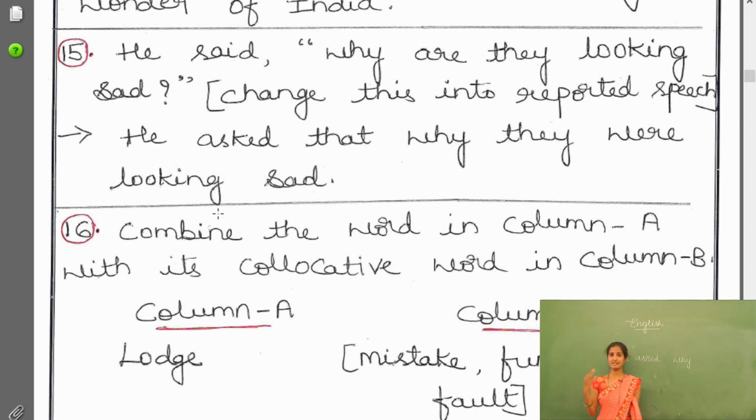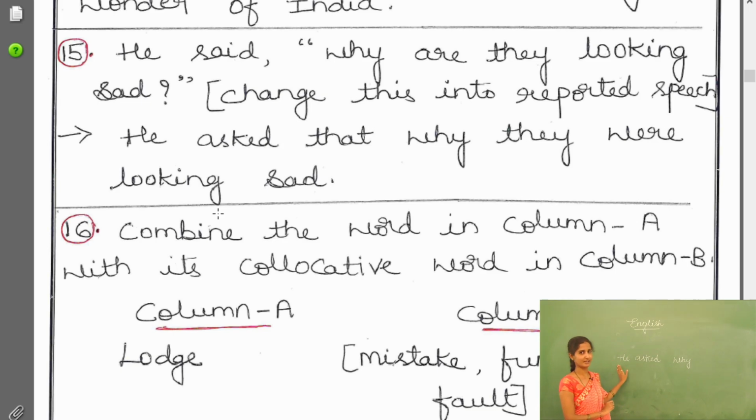Present perfect means past perfect. Present perfect continuous means past perfect continuous. In this way, tenses will change into past tense. And when the sentence is already in the past, simple past becomes past perfect, past continuous becomes past perfect continuous. In this way, tenses will change in reported speech.